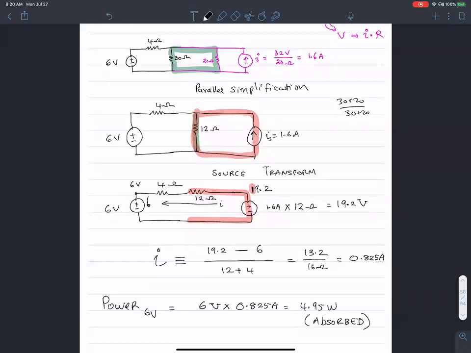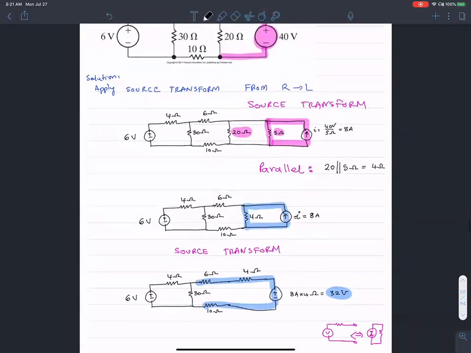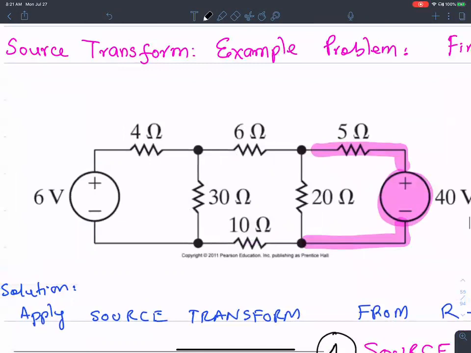Okay, so the idea is, if I go back and follow what I have done step by step, you will notice that all I have done is to apply source transform a bunch of different times in order to simplify the circuit on the top.